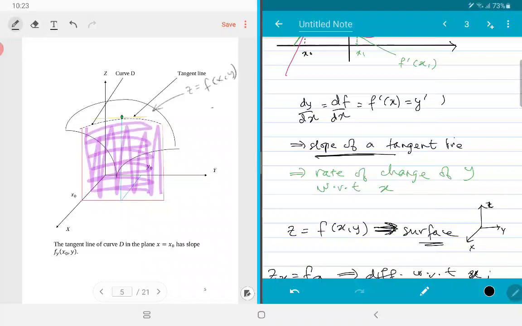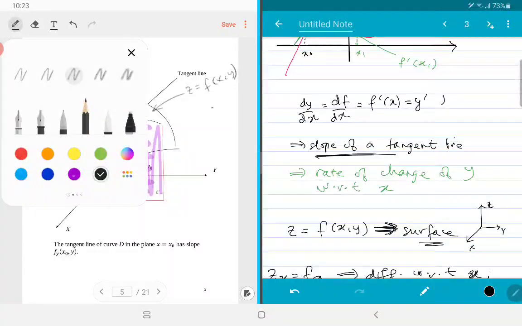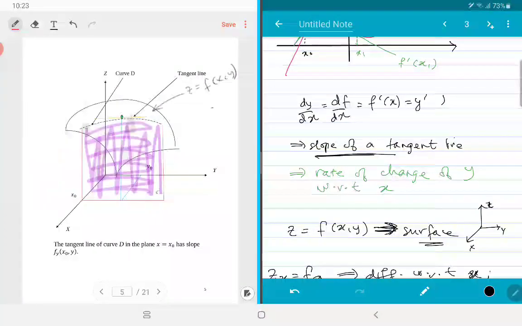The intersection between the surface z equals f of x, y and the vertical plane x equals x naught will create an intersection curve. So here we have an intersection curve between the surface z equals f of x, y and the vertical plane x equals x naught. On the curve we have many points, and at different points we have different slopes of tangent lines.